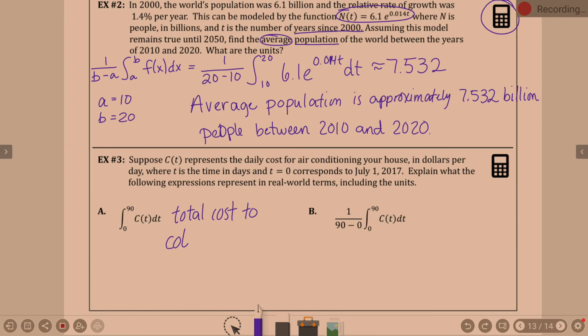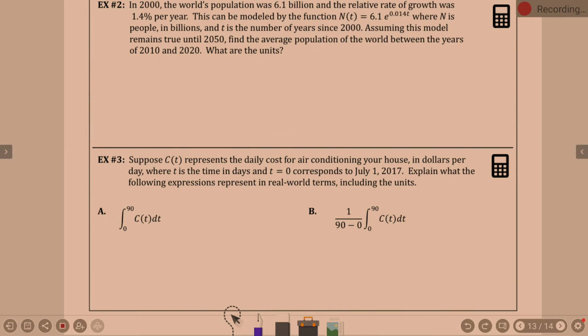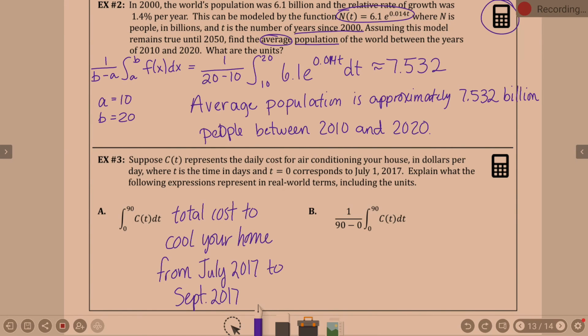Days after July 1st, September 29th. And in all honesty, as I think about that, I just wrote total cost to cool your home for July to September. It probably would be better for me to say starting July 1st for a period of 90 days.